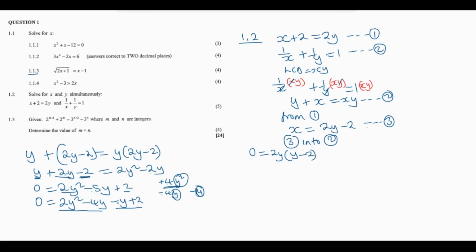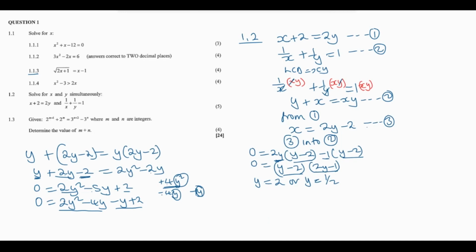And here I factor out negative 1, so that I have a common bracket, and then we have y minus 2. So 0 is equal to, we have a common bracket here, we can factor it out, y minus 2, and the second bracket we have 2y minus 1. And so it means that y is equal to 2, or y is equal to 1 over 2. So we have the values of y.